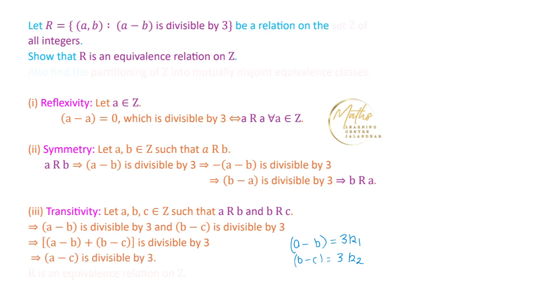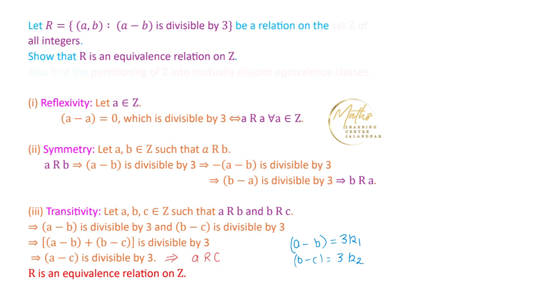We have proved a minus c is divisible by 3, and this implies that a is related to c. So we have proved that this relation is transitive. Combining all these three results, it is reflexive, symmetric and transitive. We obtain that this relation R is an equivalence relation on Z.